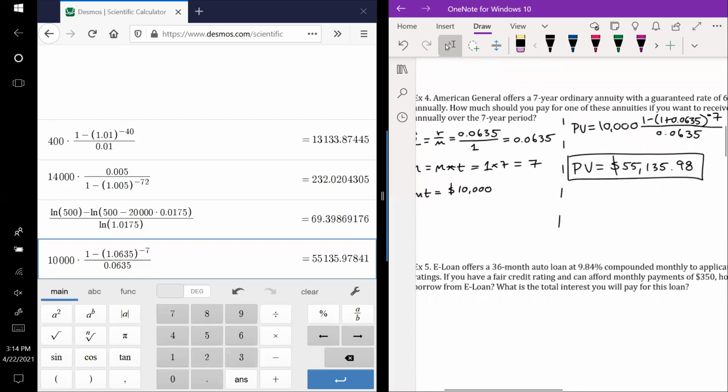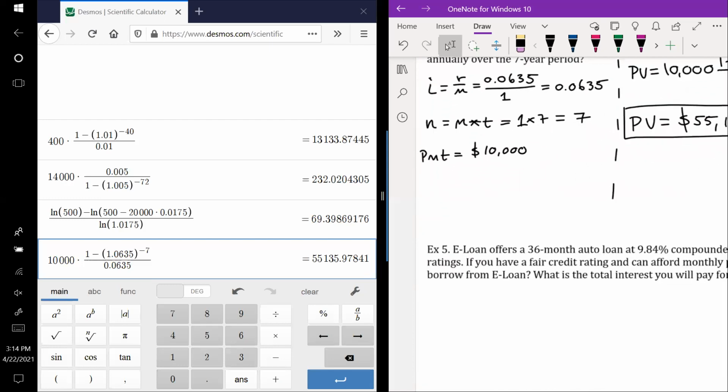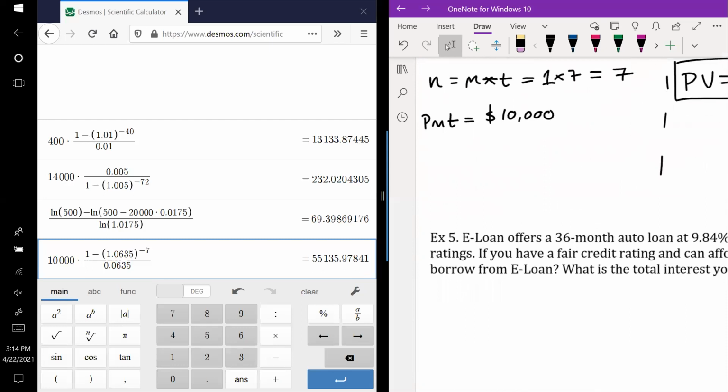So let's go ahead and write down what they're giving us. So they're offering us a 36-month auto loan at 9.84% compounded monthly. So once again, we can definitely find I and N. So I is rate over compoundings, and the rate is 9.84%.